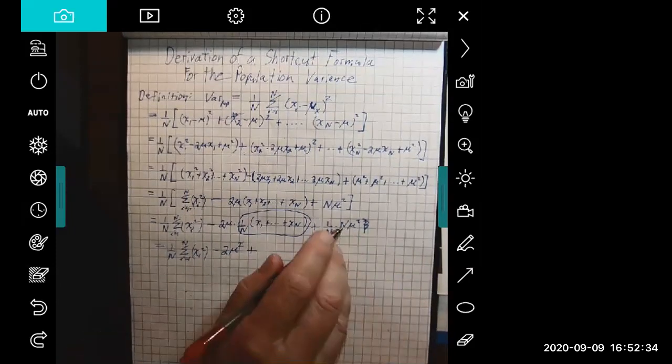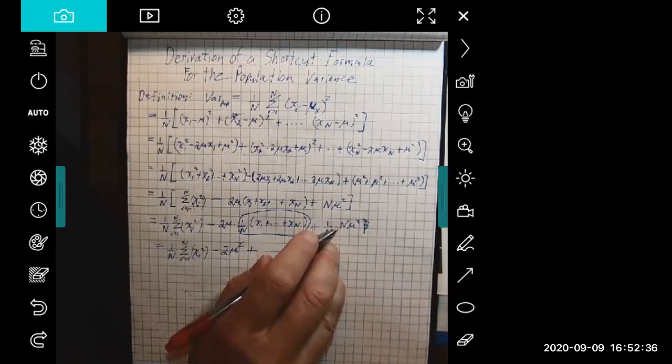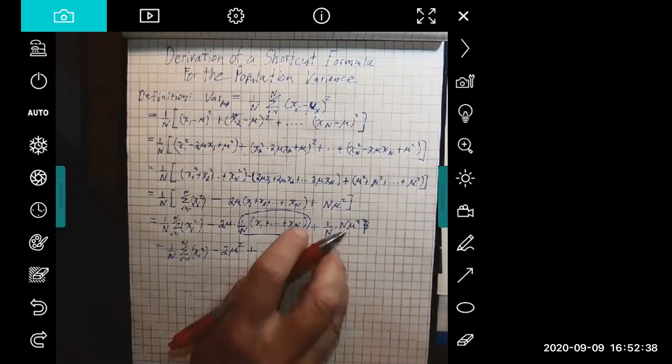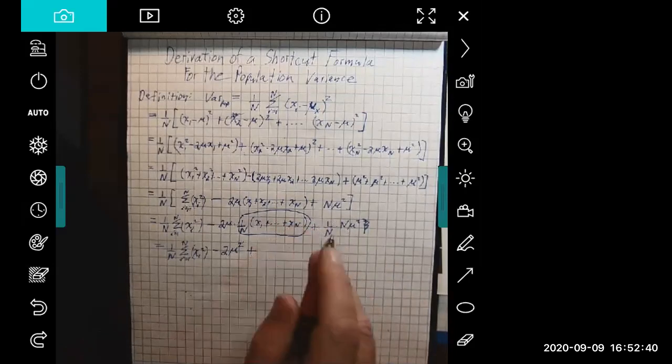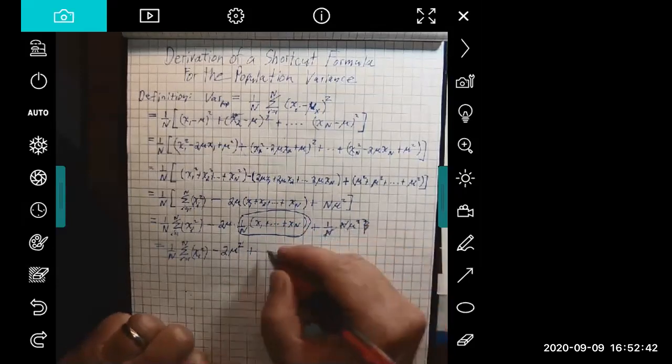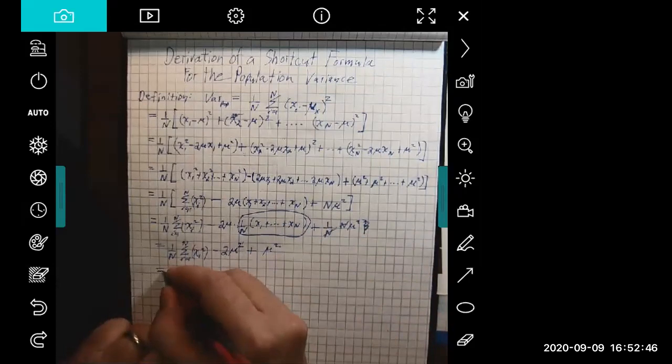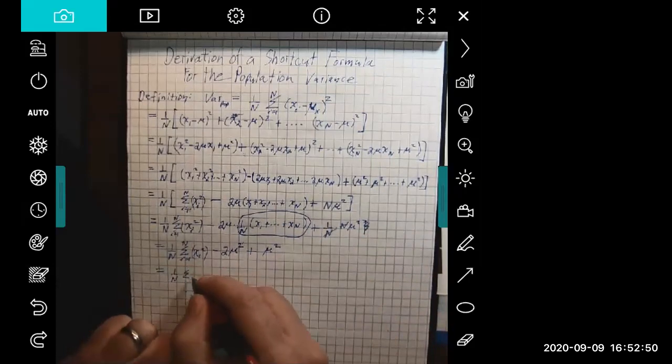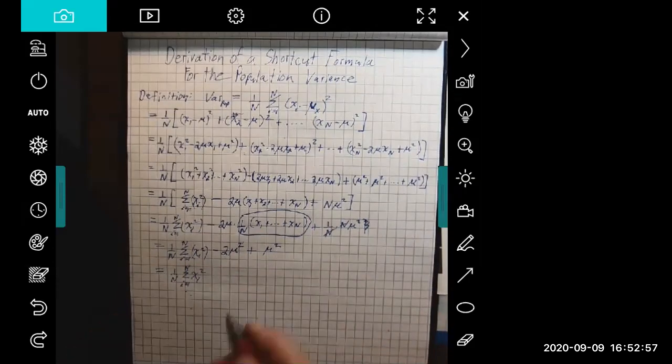And then over here at the end, we have 1 over n times n mu squared. The 1 over n times n cancels out. And now I've just got minus 2 mu squareds plus 1 mu squared.